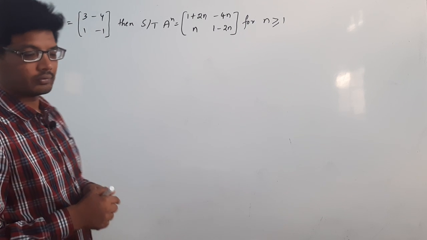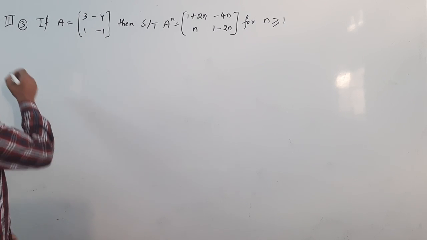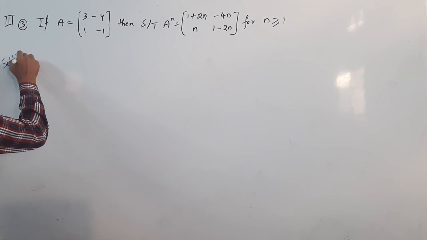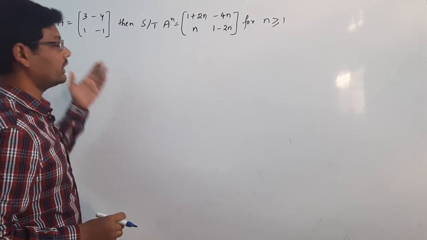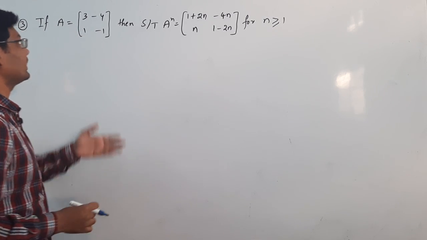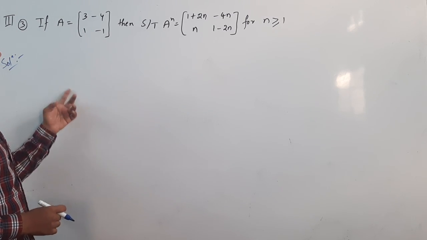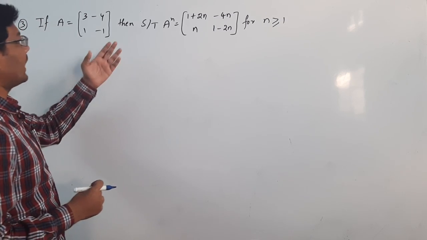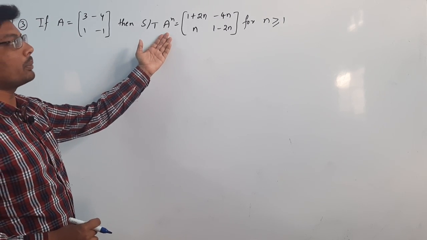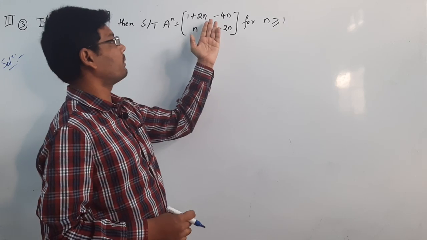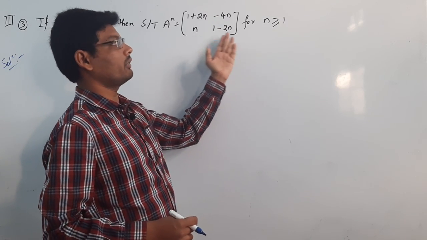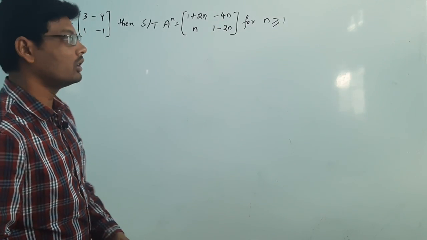Solution. A is a 2 by 2 matrix given as [3, -4; 1, -1], and he is asking to show that A to the power of n is equal to [1 + 2n, -4n; n, 1 - 2n] for all n greater than or equal to 1.